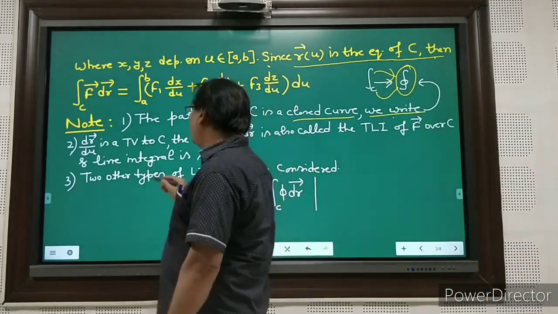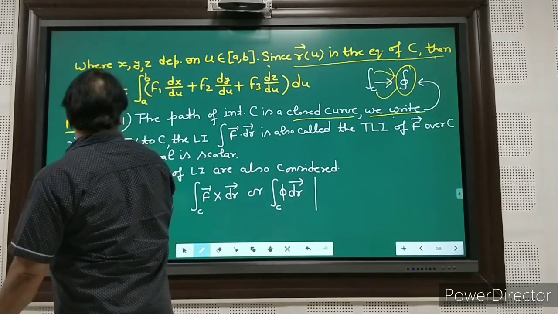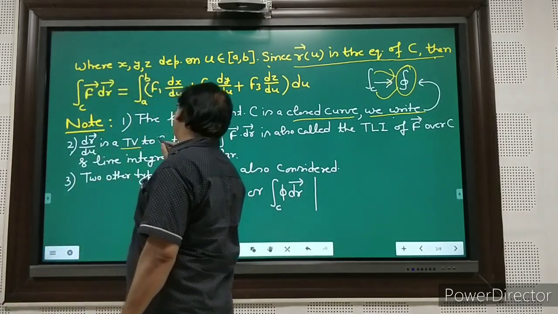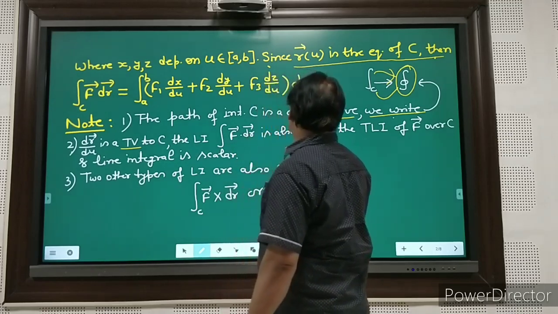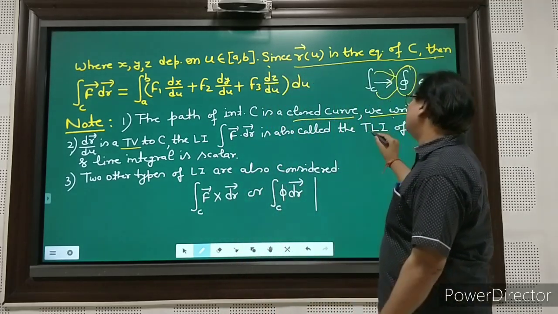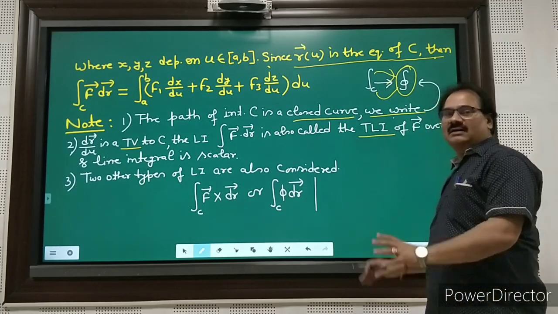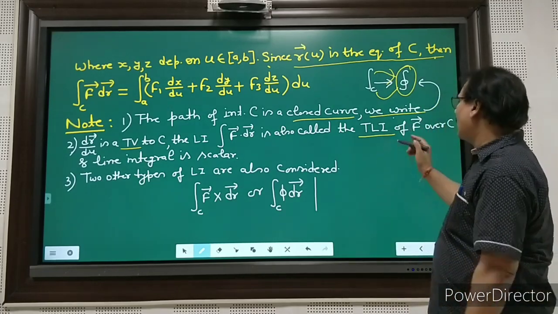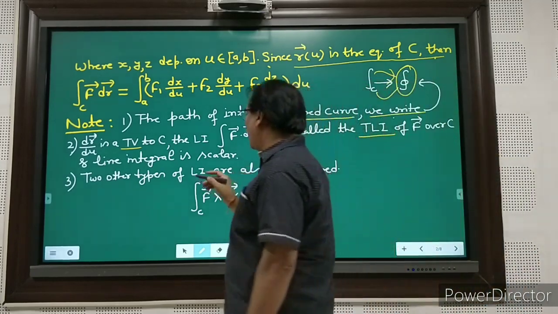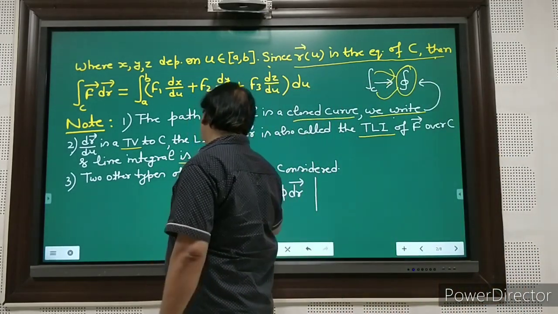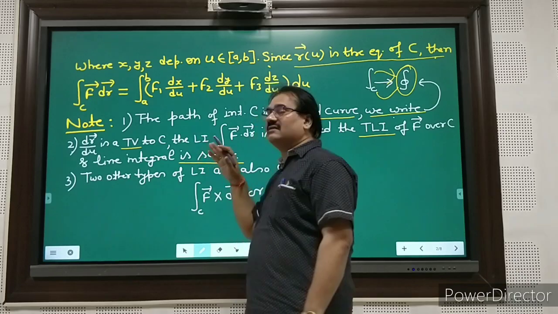Now if dr/du is a tangential vector to the curve C, then the line integral of f dot dr is also called the tangential line integral of f over the curve C. And the line integral in this particular case is a scalar.